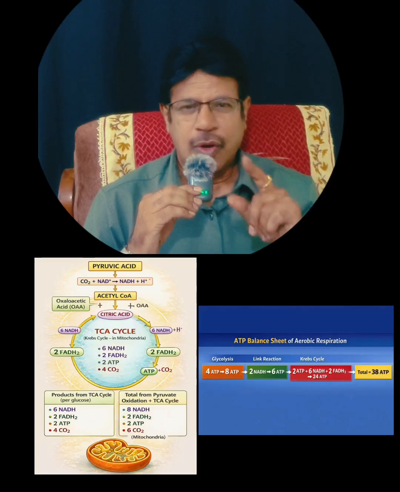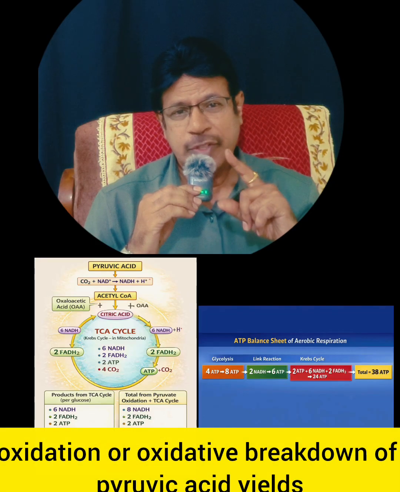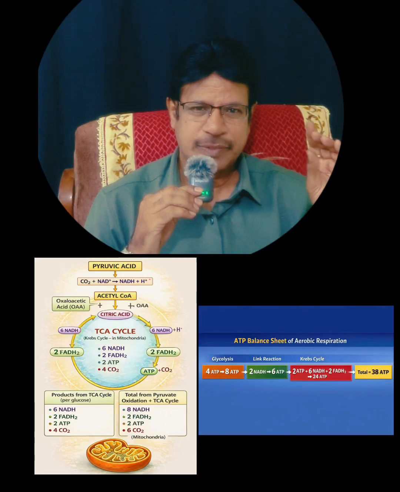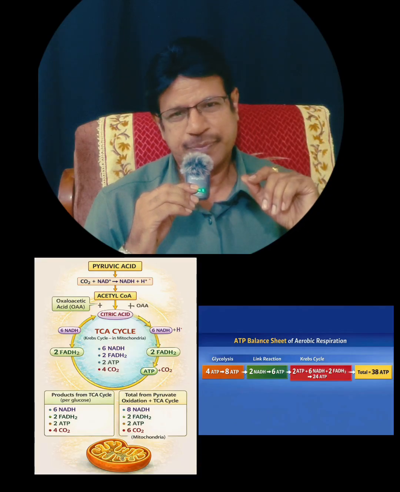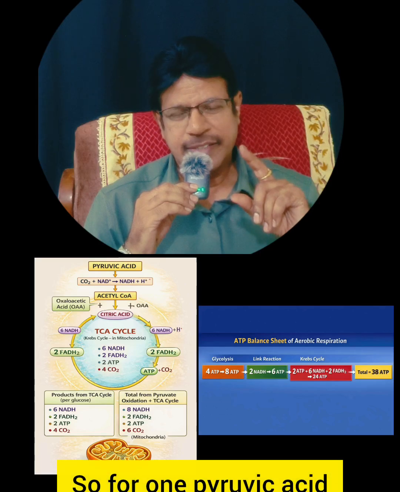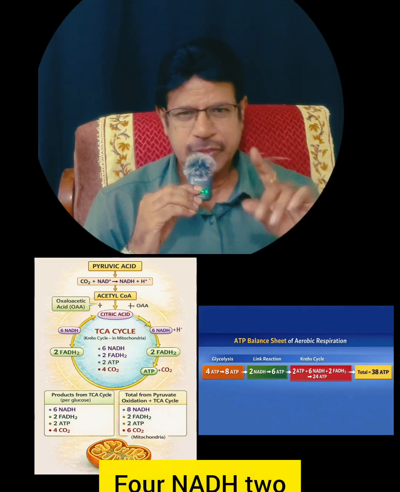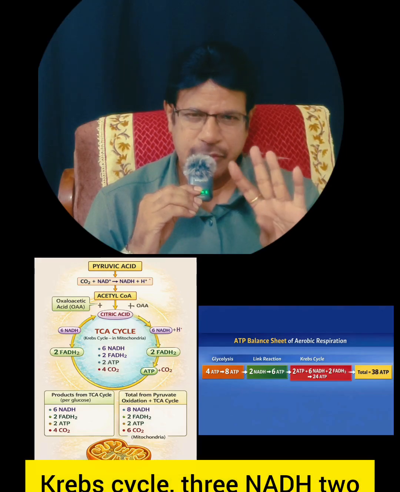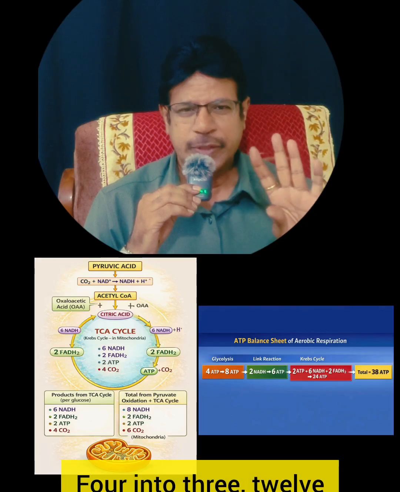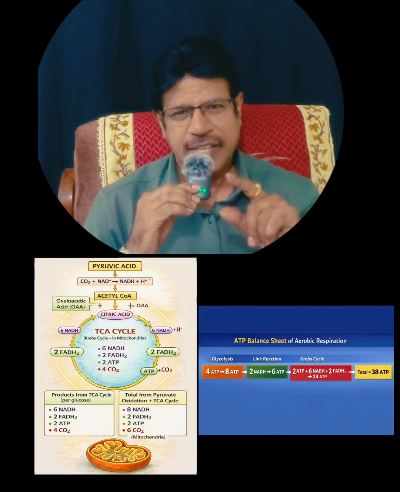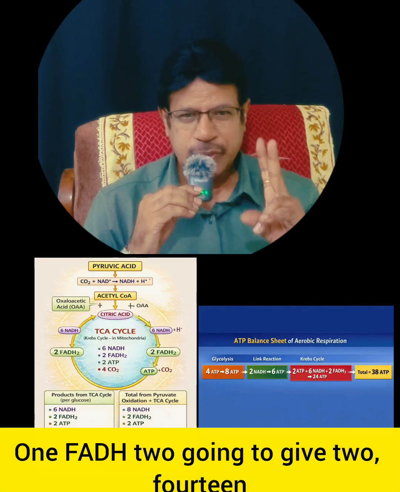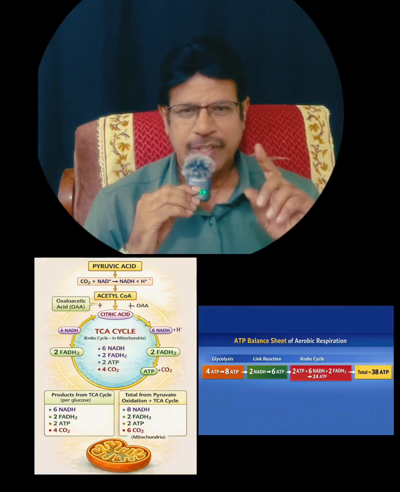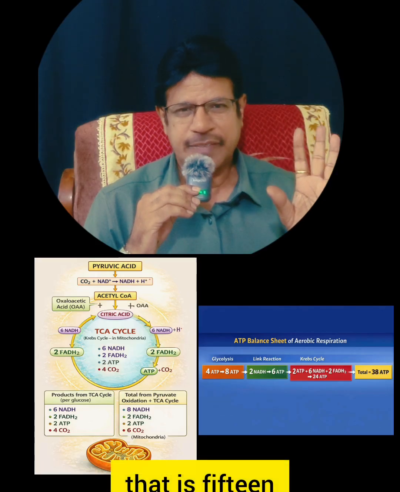So oxidation or oxidative breakdown of pyruvic acid yields how many ATP for 1 pyruvic acid? For 1 pyruvic acid, how many NADH2? 4 NADH2: in the link reaction 1 NADH2, in the Krebs cycle 3 NADH2. 4 into 3, 12. 1 FADH2 gives 2, so 14. And 1 ATP in the TCA cycle, that is 15.